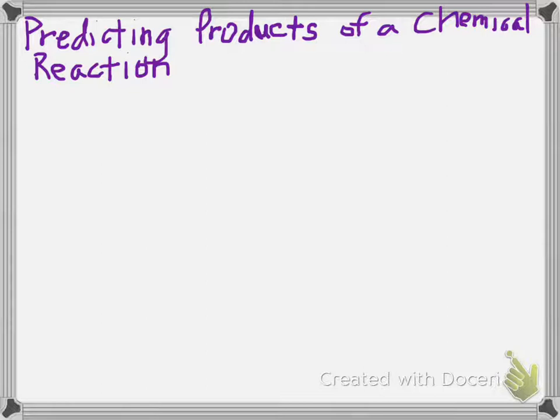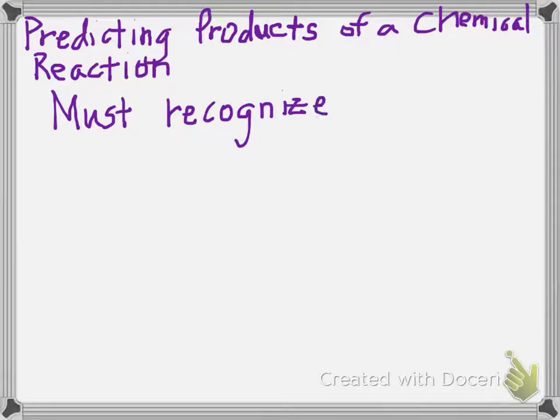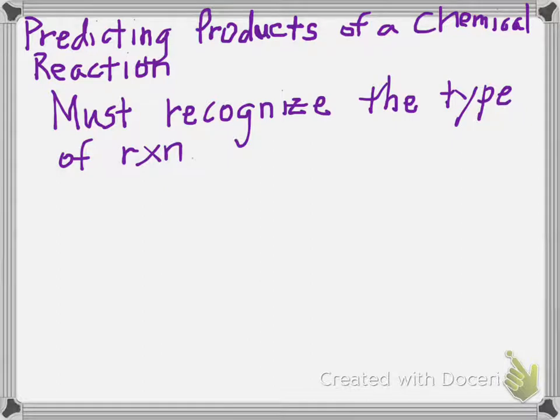To be able to predict the products, the first thing you have to do, the most important thing, is that you must recognize the type of reaction. So just kind of reviewing real quick, we have our combination reactions.